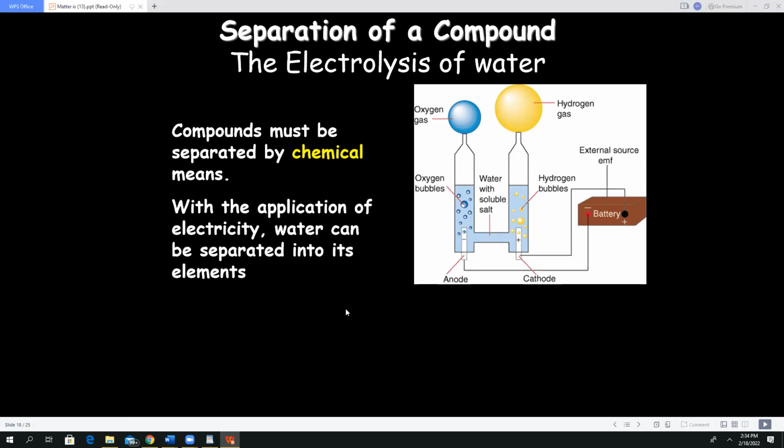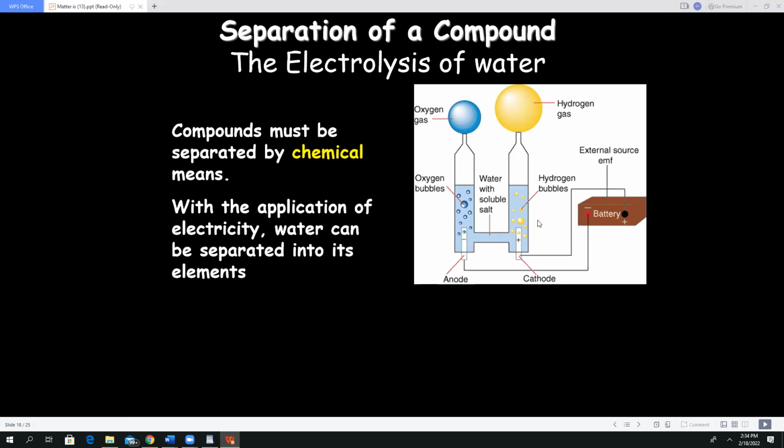Okay, so if you want to separate it by chemical means, then you need to apply something that makes it separate. I was going to say force, but it's not necessarily force. It could be just an agent. Let's just say an agent that separates them.